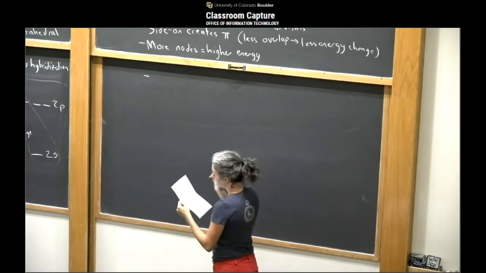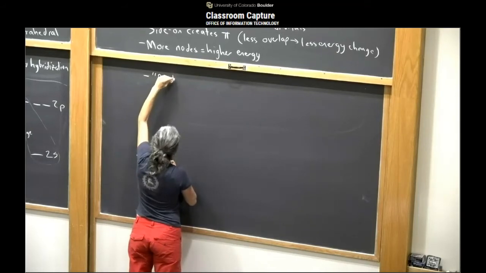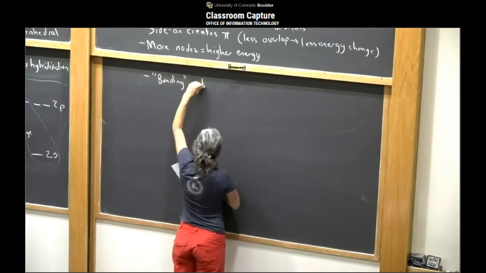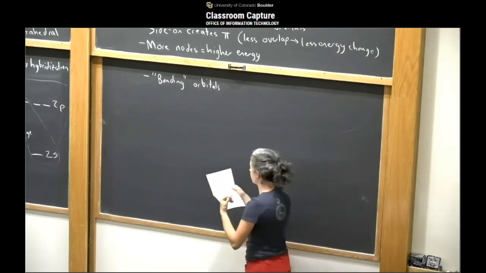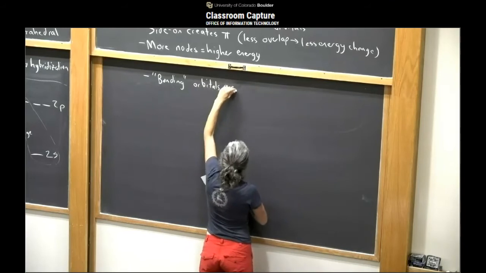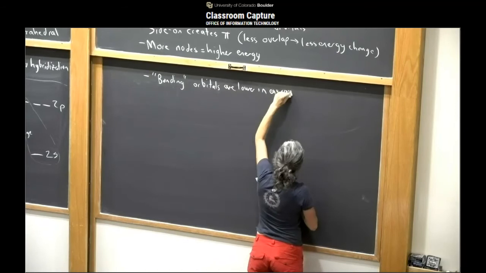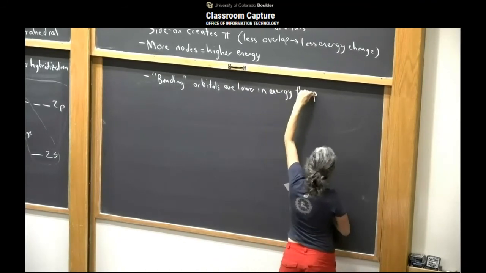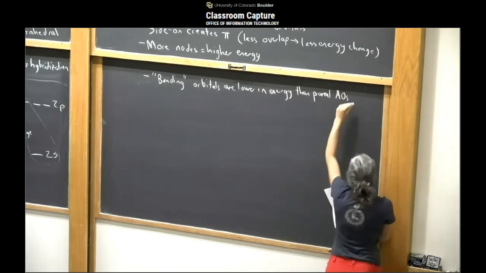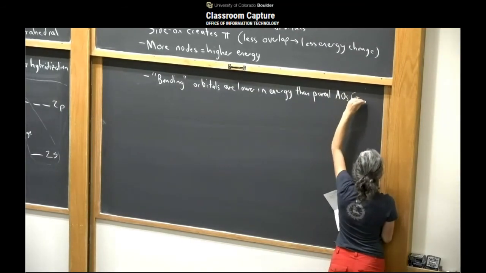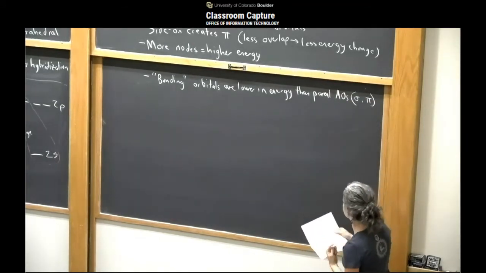And then as far as labeling, bonding orbitals are lower in energy than their parent AOs. And so those we're just going to label as straight up sigma or pi orbitals, depending on which of those types of overlap we have.